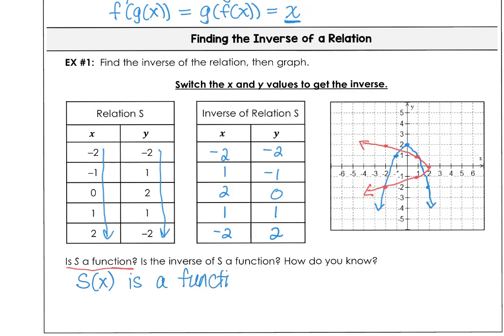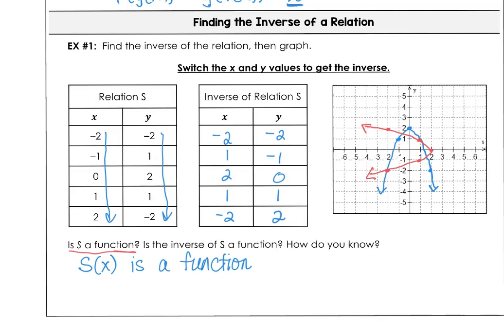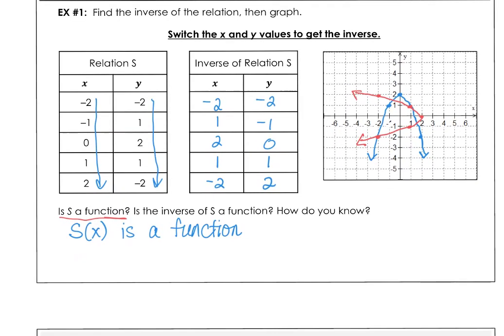But when we look at the inverse relation and think about passing that vertical line across the red graph, for every point except at the vertex, we're hitting one point here, but everywhere else on our red graph, we're hitting more than one point. So the inverse is only a relation.